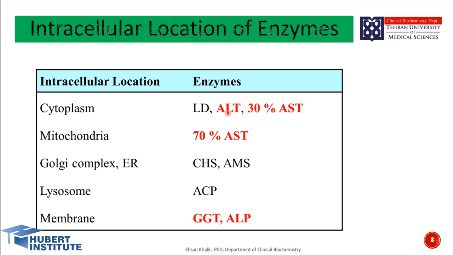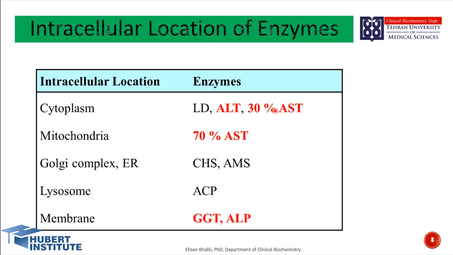For example, lactate dehydrogenase is distributed inside the cytoplasm, unlike other parts of the cell like mitochondria. We have more than 70% of the AST inside the mitochondria, but the rest, about 30% of the AST, is distributed inside the cytoplasm.